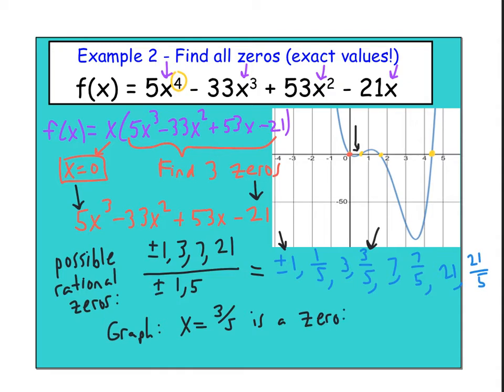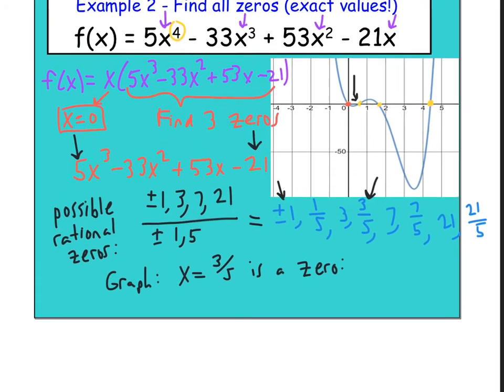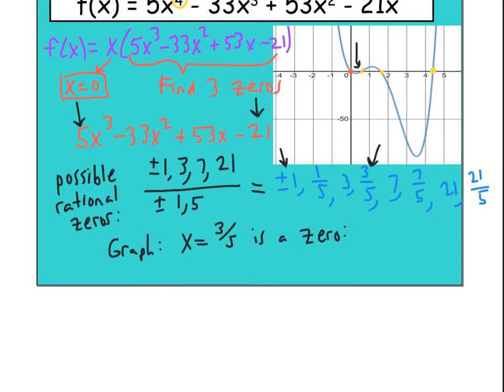What we're going to do with that is use synthetic division. Because if 3/5 is a 0, that means that x minus 3/5 must be a factor. And if we know one of the factors, we are able to find the other ones.